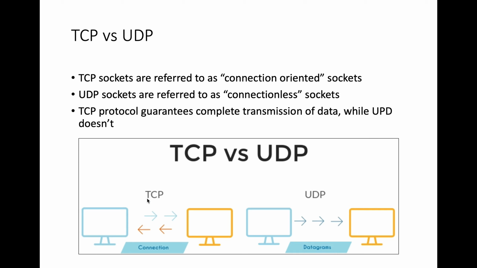And then the TCP is used in such examples like email, when your message has to be completely sent to the destination. You will not be happy when half of your email is delivered and then half is not delivered, right? In that case, you use TCP. And UDP is like video streaming, gaming.